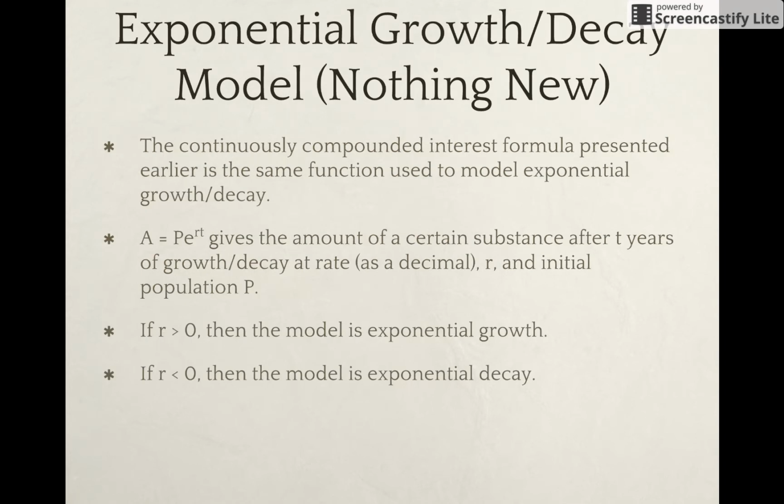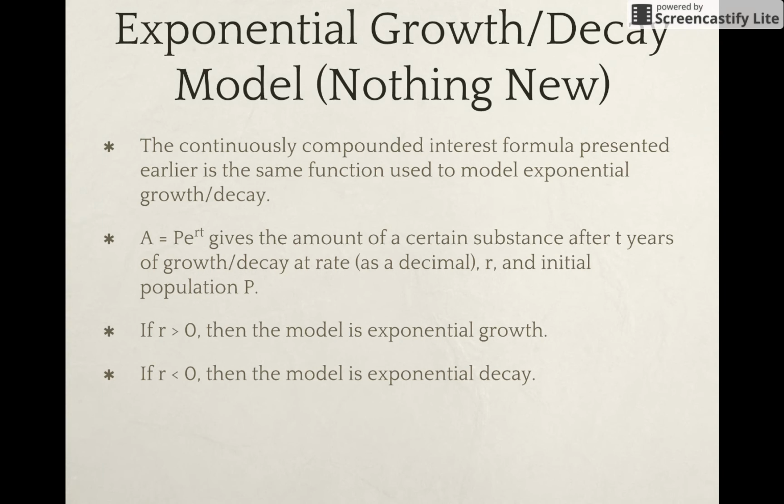The exponential growth decay model is actually nothing new. It's the same equation as the continuously compounded interest that we just discussed. So we're going to use A equals P e to the RT to represent the amount of a certain substance after T years of growth, growing at a certain rate as a decimal, and having some initial population that we'll call P. This is all the same setup.